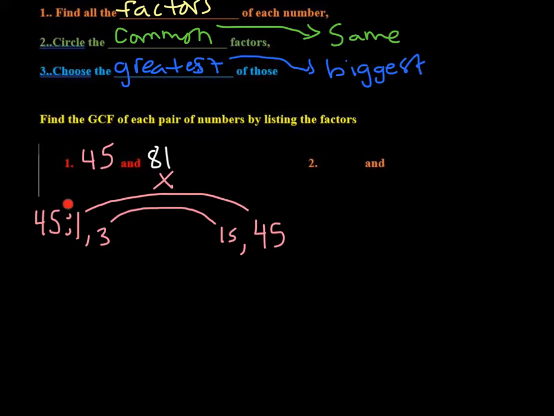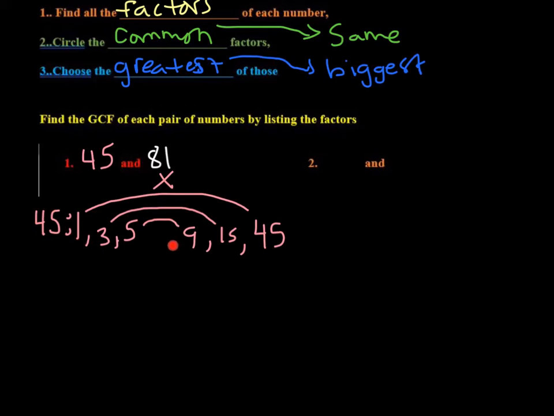4 is not a factor of 45 because of the last two digits, 45, and we know that 4 cannot go into 45. But we know that 5 can go into 45 because the last number is 5, and 5 times 9 is 45. 6 is not a factor of 45 because 2 is not a factor.